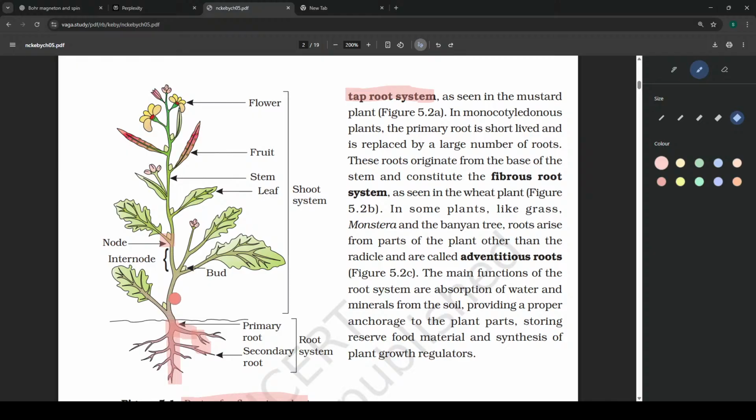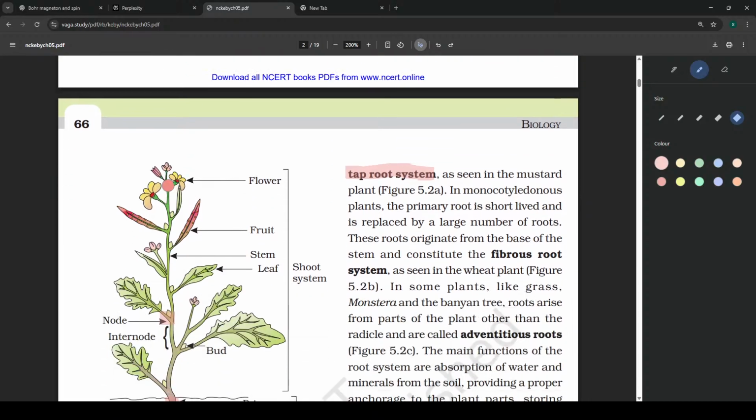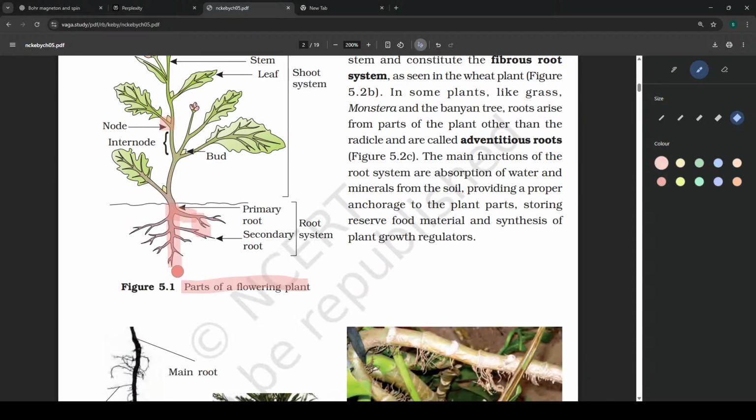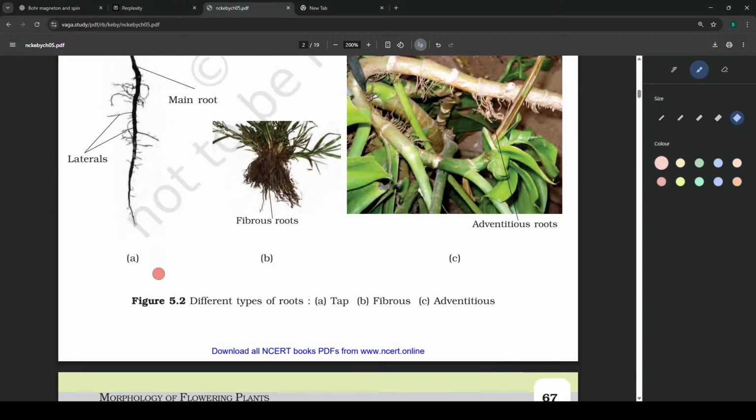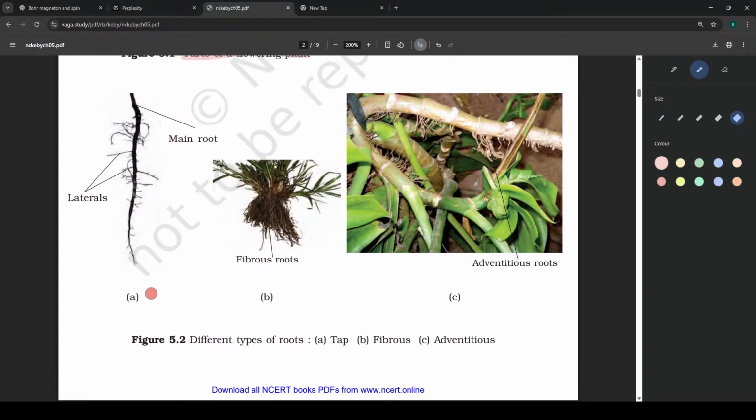The stem constitutes internodes and nodes, but let's see that later. As seen in the mustard plant, that is figure 5.2a, this one. This is the taproot system.